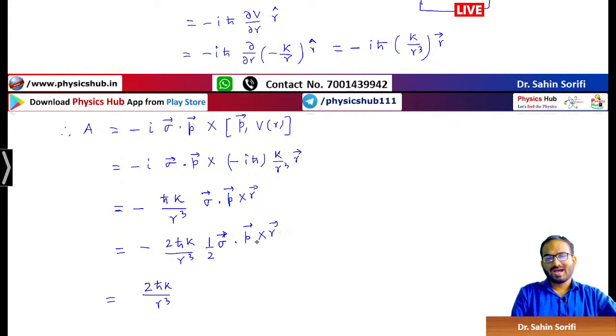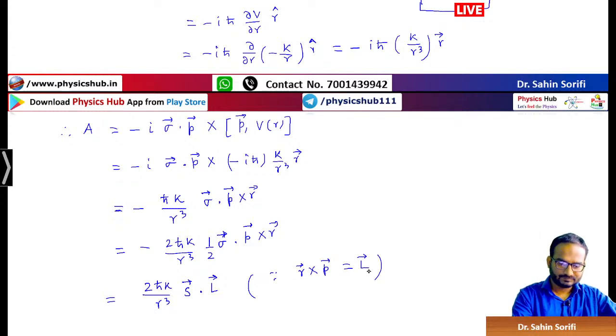You see r cross p is L, but here it is p cross r, so this minus sign, if you observe, then it becomes r cross p. r cross p means L, so S dot L. r cross p is equal to L. In the third step, how does the negative sign come? This negative and this negative make positive, i into i squared is equal to minus 1, so that is a negative sign.